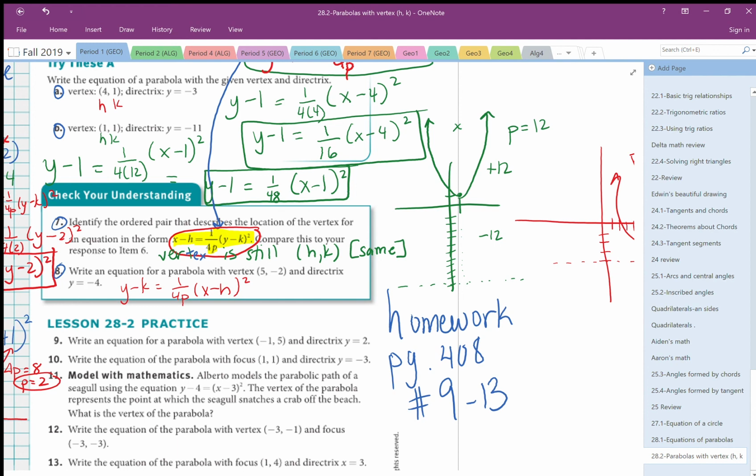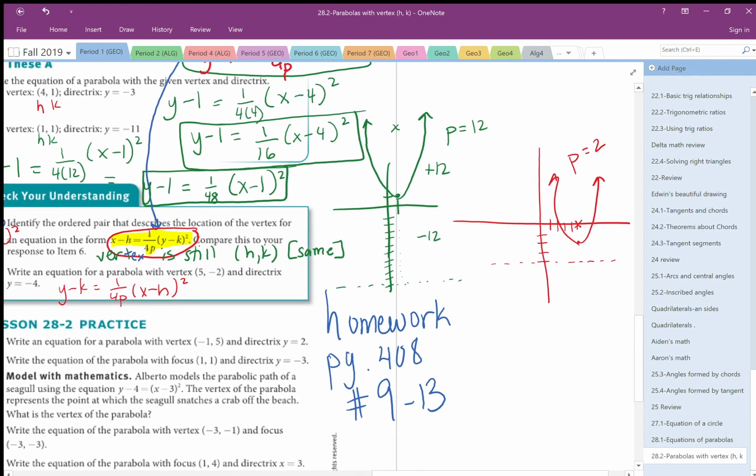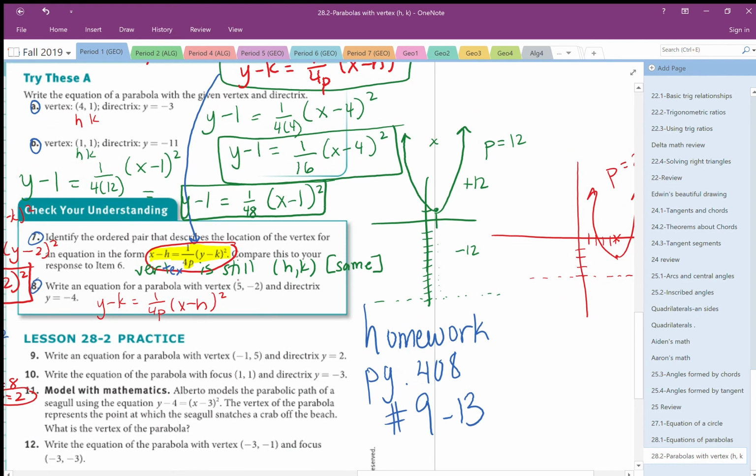And if it's opening left or right, the y is what has to be squared. All right, right here is h and k. Wait, my writing is getting worse. Well, it's the computer. h, k. Okay, y minus k is y minus -2 equals 1/4p.